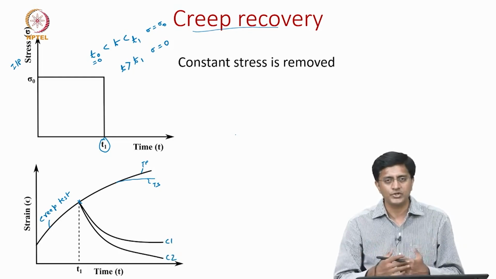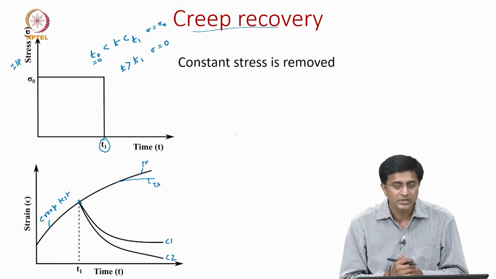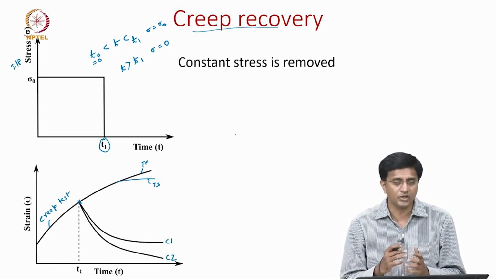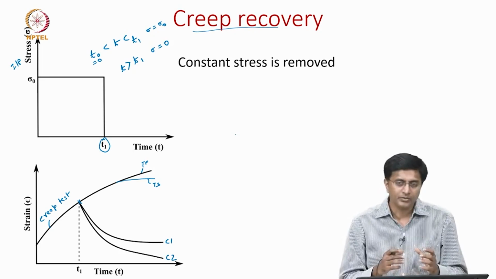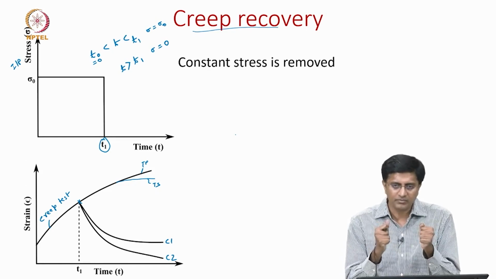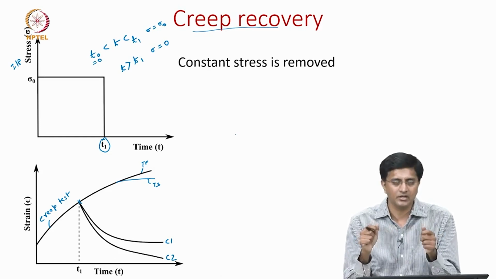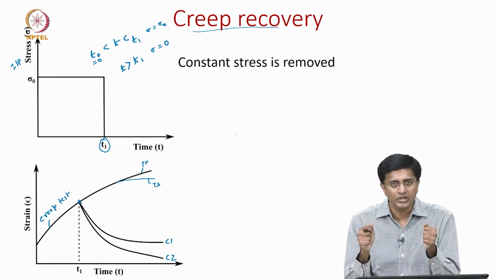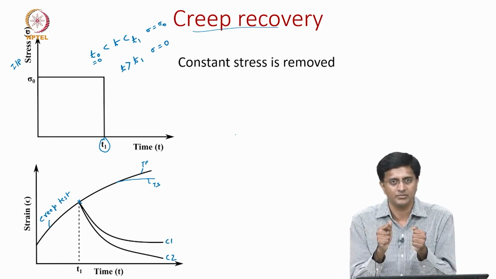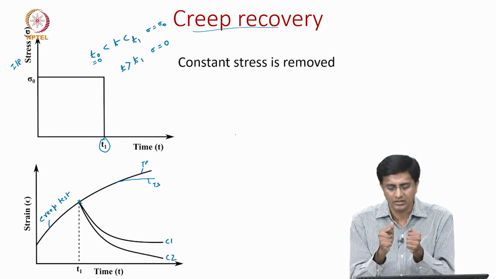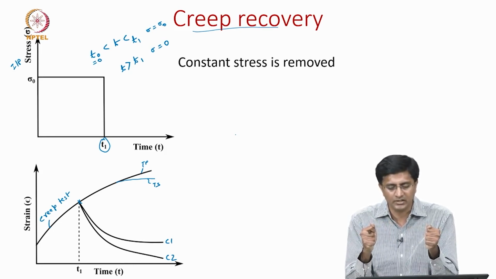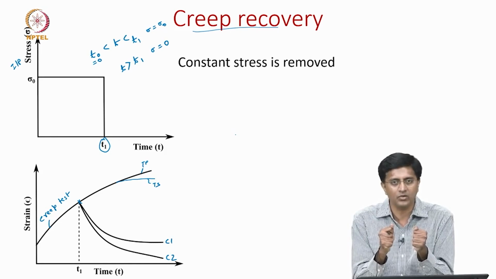So, let me pose the same question again. Which of these you think is the behavior of a thermoset and which of these is the behavior of a thermoplast? So, we said that thermosets are ones in which between the crosslinks the molecular chains they get stretched or rearranged, but once this load is removed they come back to the original position, because it is like an elastic material, you just stretch between the crosslinks and then after release of the load they come back to the original position.